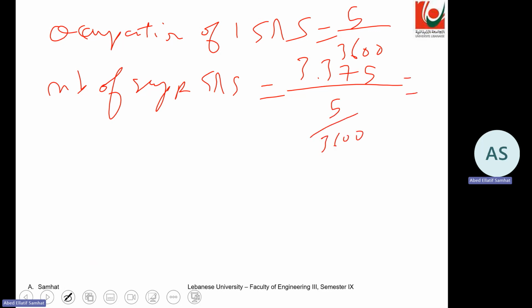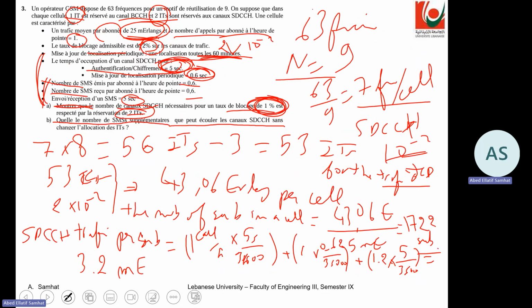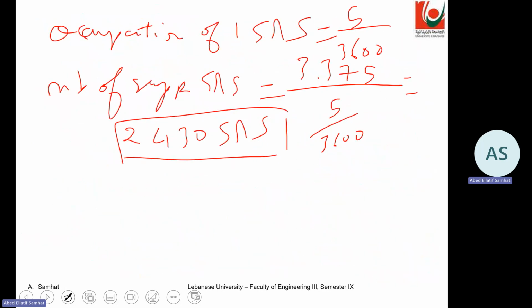In this case, we can have up to around 2,430 SMS. And in this case, if you want, you can divide them by the number of users, according to what you want. But this is the number of supplementary SMS that you can support in one cell.